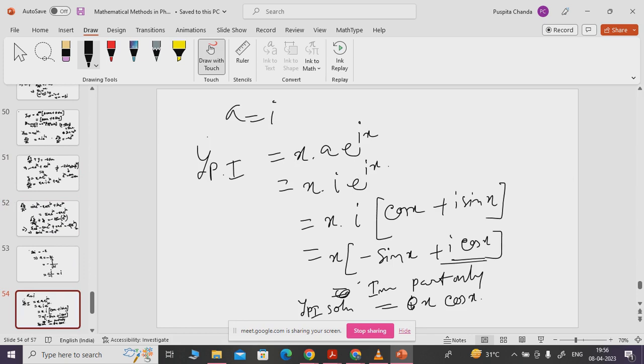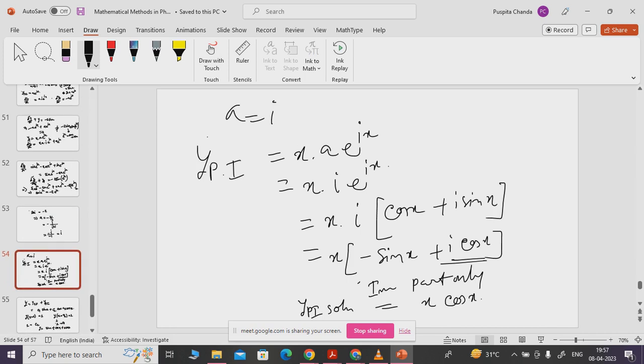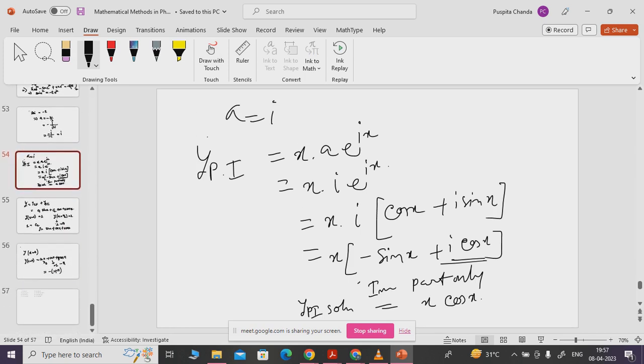If you take sin x directly, it will just be a lengthy calculation. If you are doing the right calculation, you will end up getting this result. You can do another type of calculation. As long as you are getting the right equation and the right solution, nothing else matters.